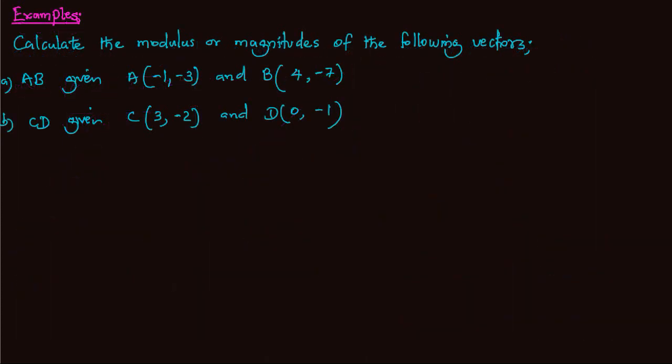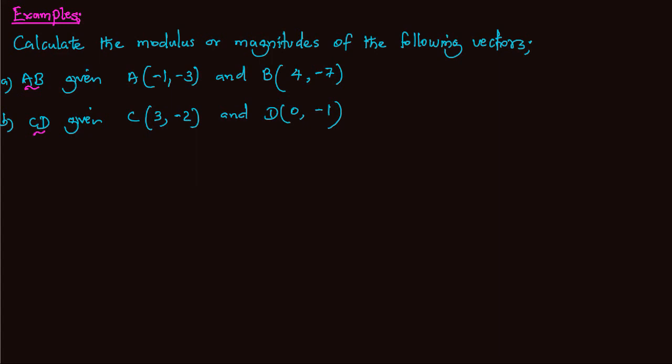Calculate the modulus or magnitudes of the following vectors. Vector AB, given A (-1, -3) and B (4, -7). Then we have vector CD, given C is (3, -2) and D (0, -1).